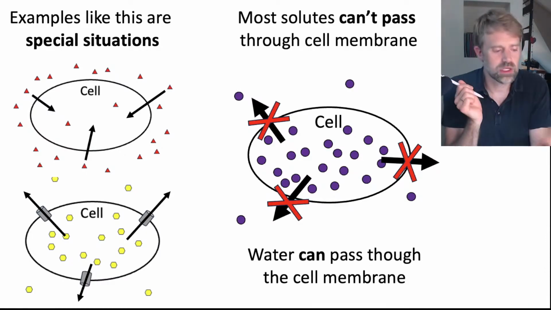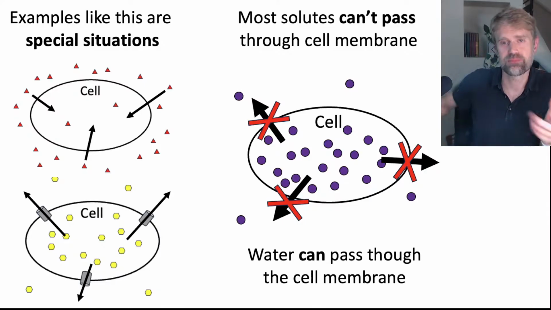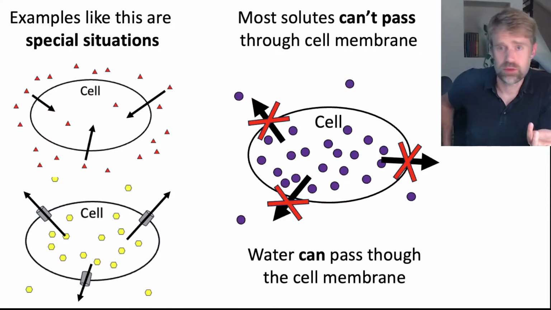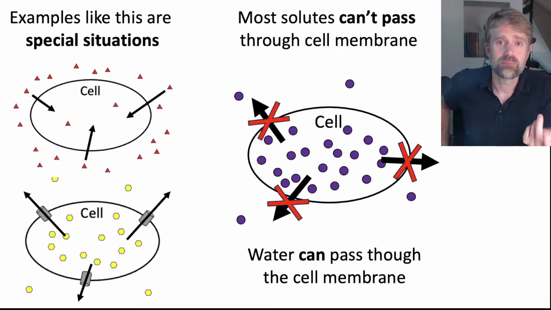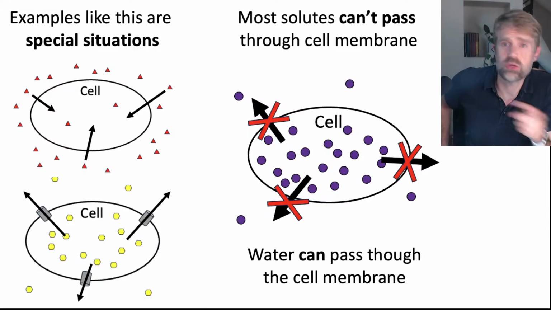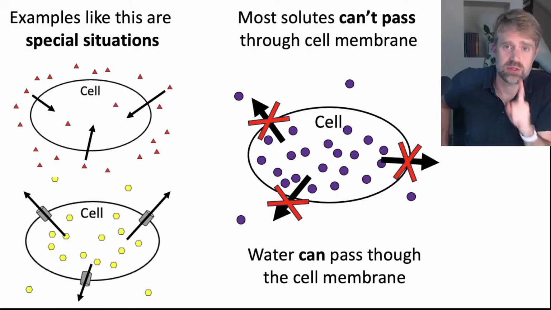Now, the other thing to keep in mind is that there is a lot of stuff outside cells that can't get in. There's stuff in blood that can't easily diffuse into cells. And in the lab, I can put cells in solutions that contain a lot of solute, and that solute can't get into the cells. So there's lots of stuff that can't get into cells, and there's lots of stuff that can't get out of cells.